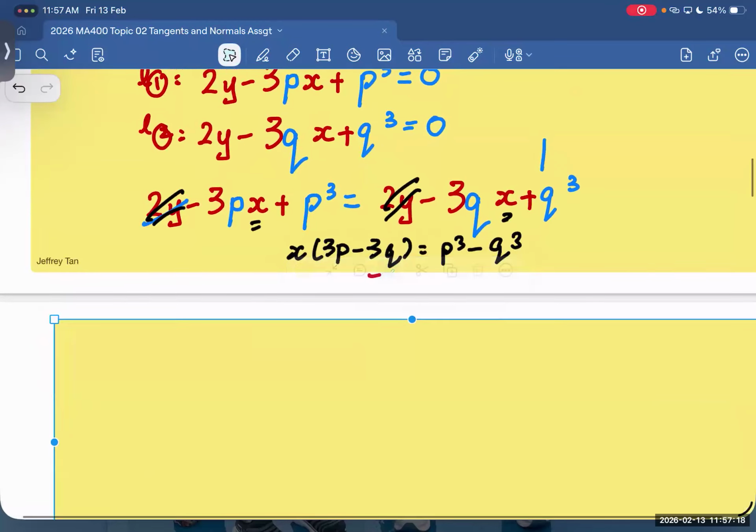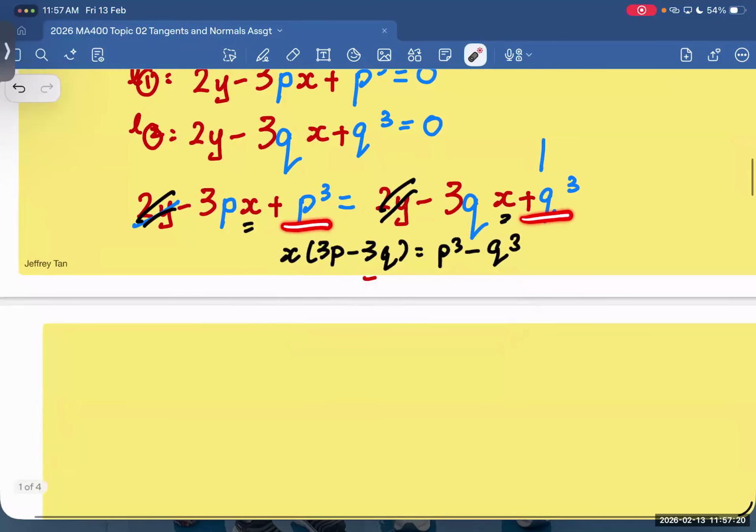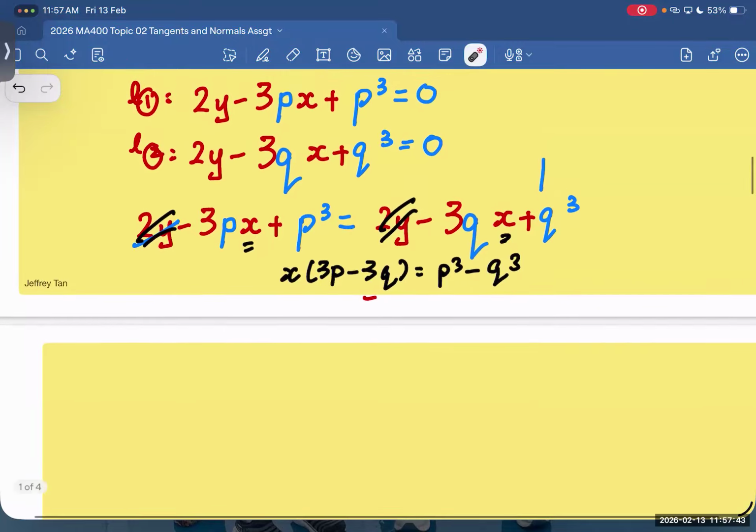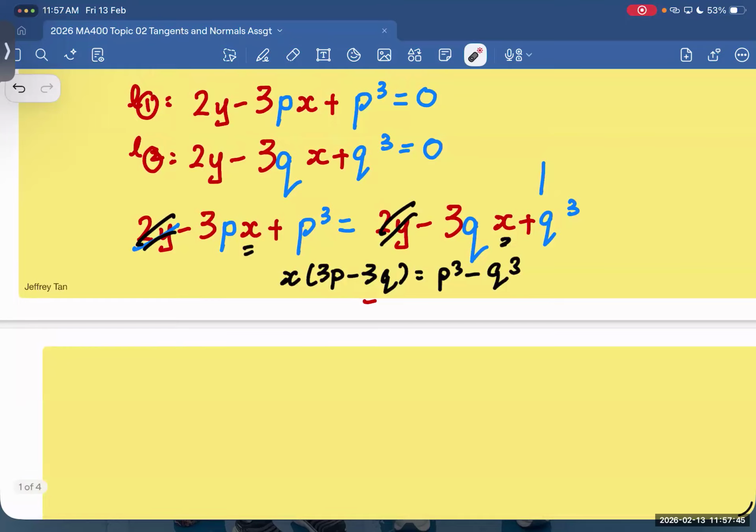Okay, I say again. This guy and this guy on the right hand side, this guy and this guy on the left hand side. I shift p to the right.